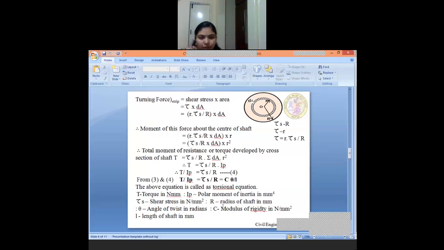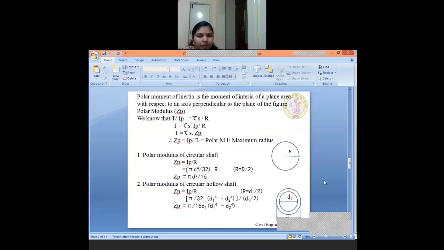Tau is shear stress in Newton per mm square. R is the radius of the shaft. Theta is the angle of twist in radians. C is the modulus of rigidity in Newton per mm square, and L is the length of the shaft. So this is the torsional equation which we have derived: T by IP equals tau S by R equals C theta by L.